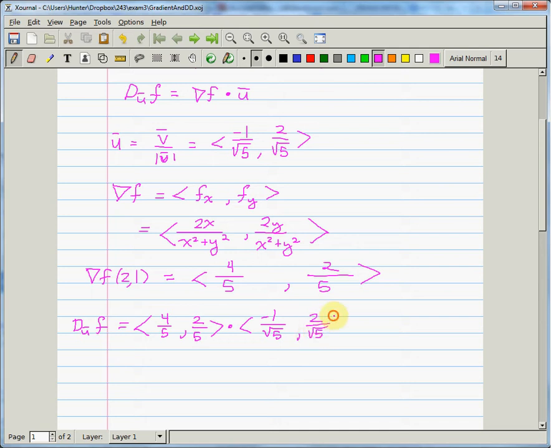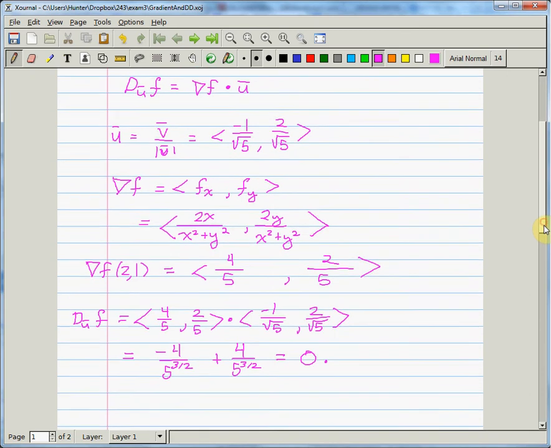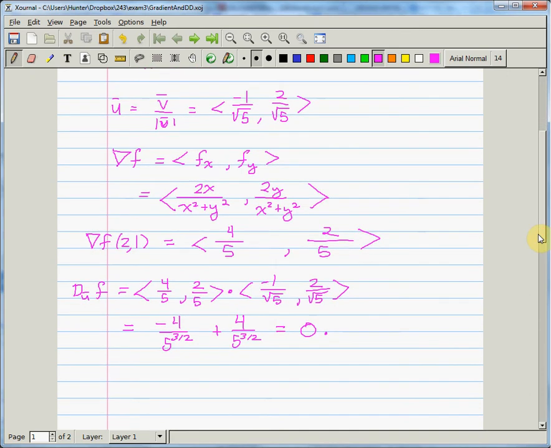Okay, so we just take the dot product as usual. That means this times this. That gives you minus 4 over 5 to the 3/2 power, plus this times this is 4 over 5 to the 3/2 power, and this is equal to 0. So that means that the indicated direction is right along a contour line.